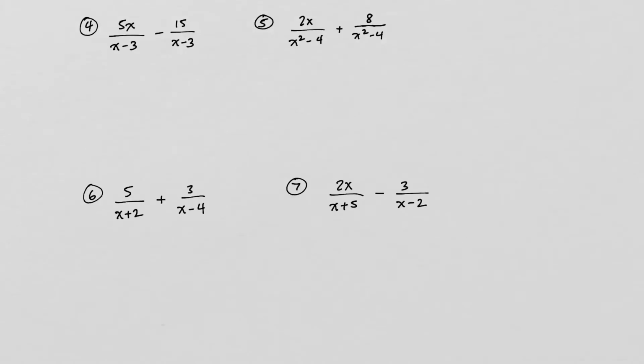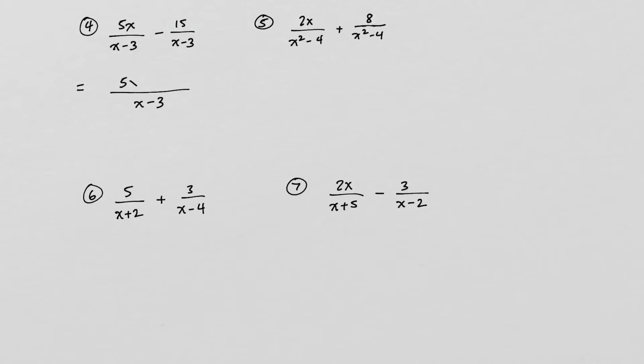In our next couple of examples, we still have a common denominator, but notice now the denominator is made up of two terms. So the denominator in each of these is x minus 3. Because we have that common denominator, our answer will have that same denominator. And then what we need to do is subtract the numerators.